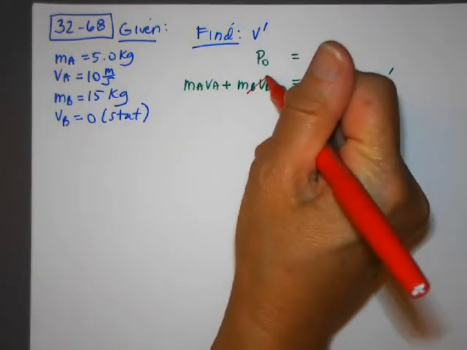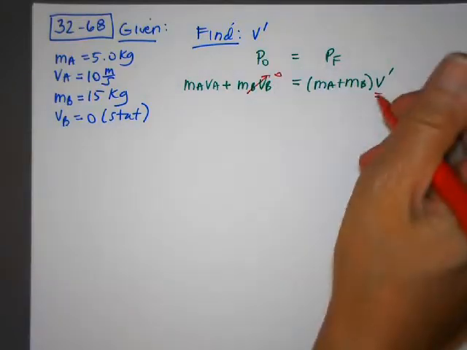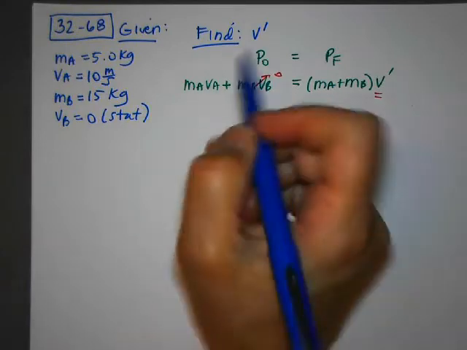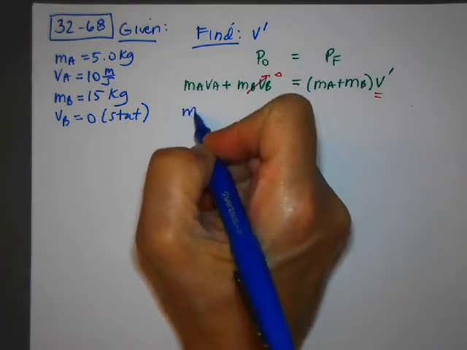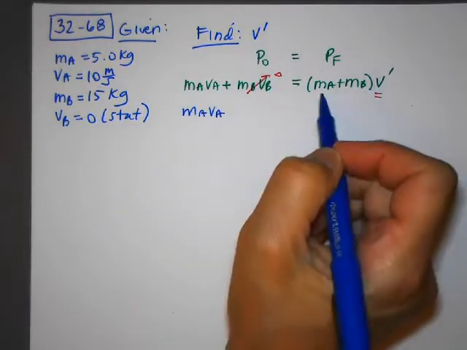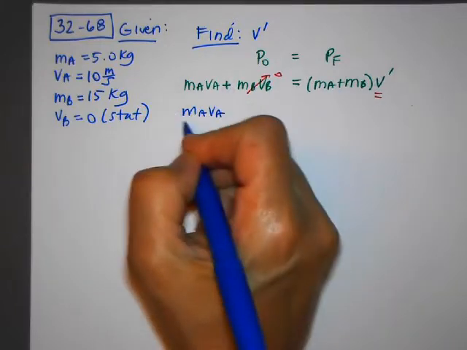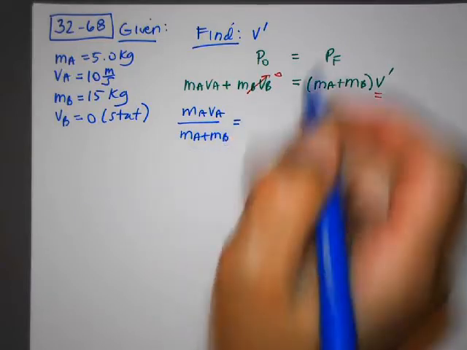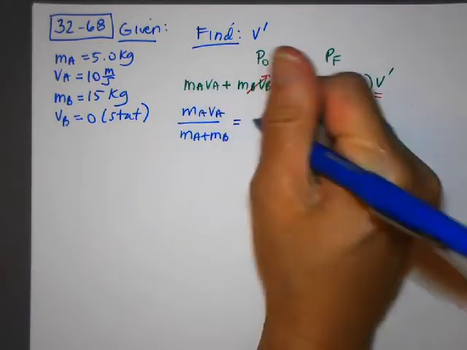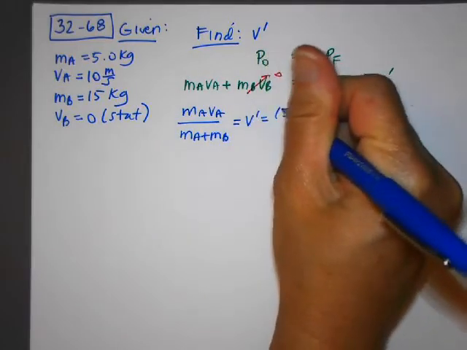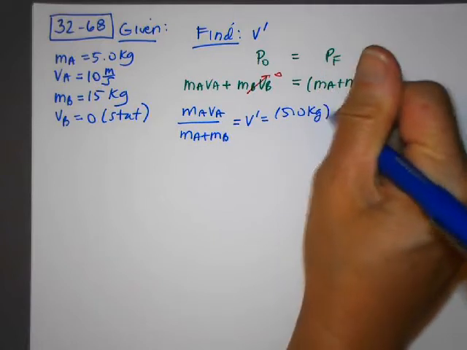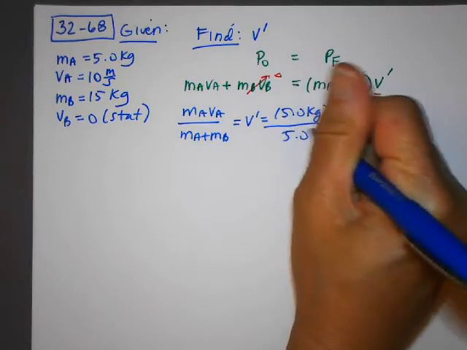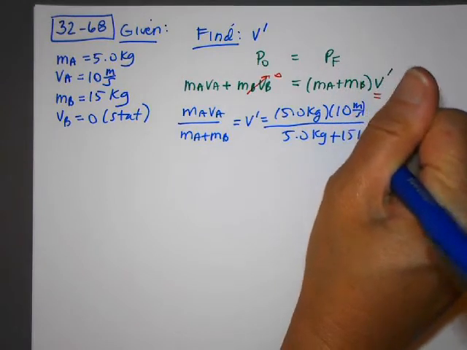So VB is 0, so that goes to 0. This is what I want to solve for, so I'm going to rearrange the equation to solve for the unknown in terms of the known. So I'm going to leave the MAVA over here, and now I'm going to divide by MA plus MB. So that's equal to V prime. So that's just 5 kilograms times 10 meters per second over 5 kilograms plus 15.